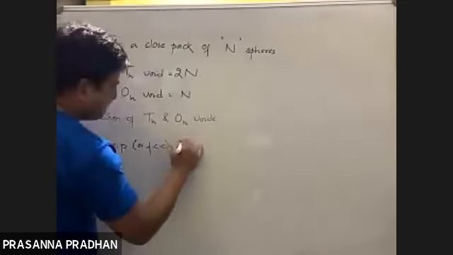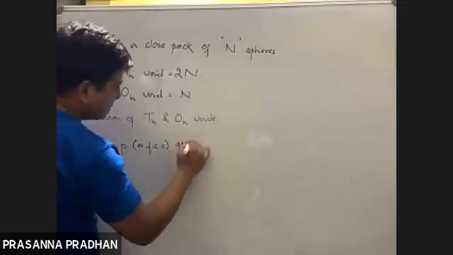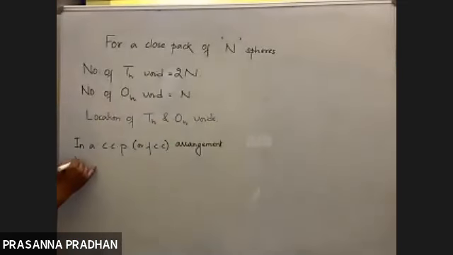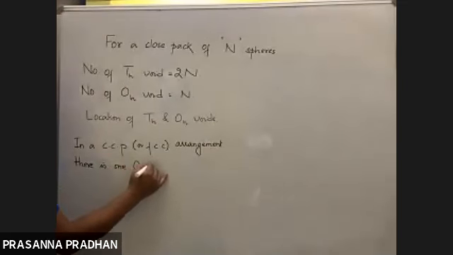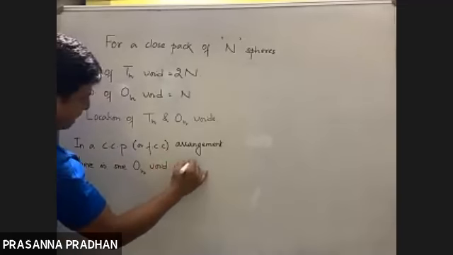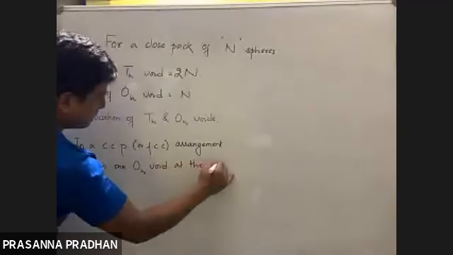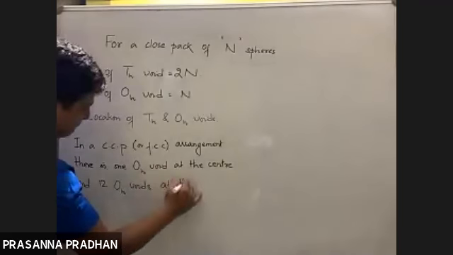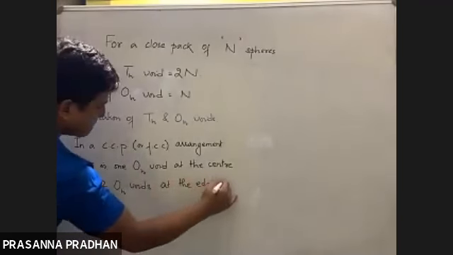In a CCP arrangement, there is one octahedral void at the center, and 12 octahedral voids at the centers of the edges. Just remember this much.